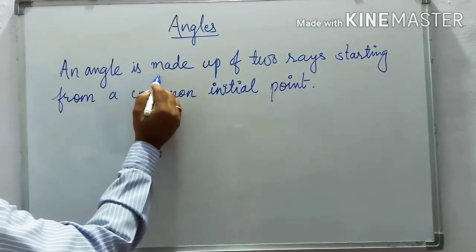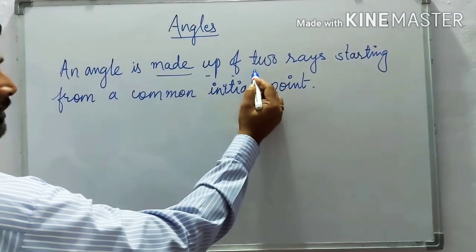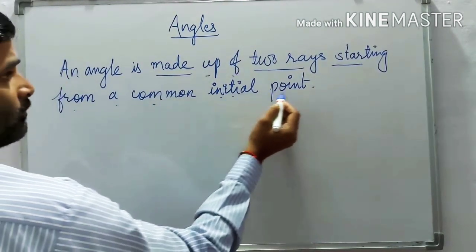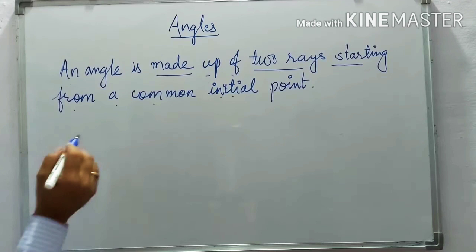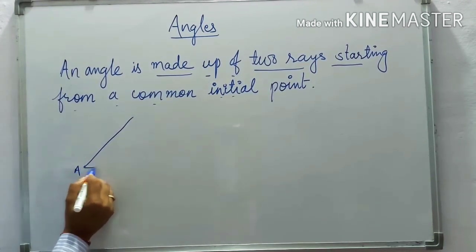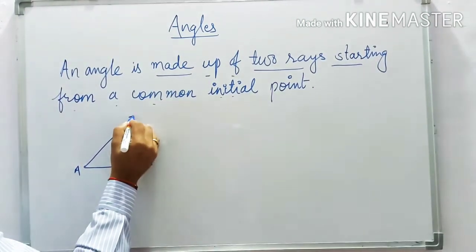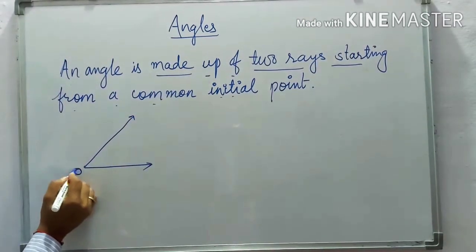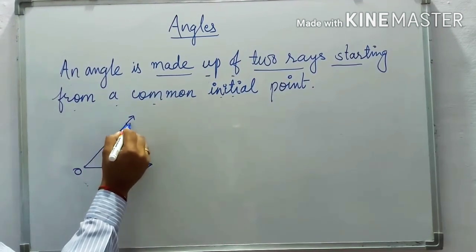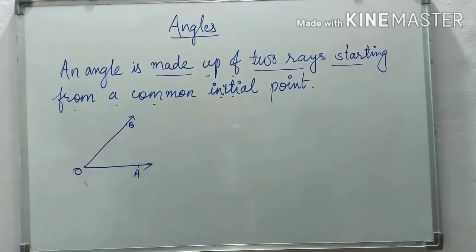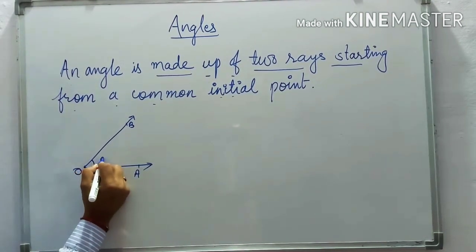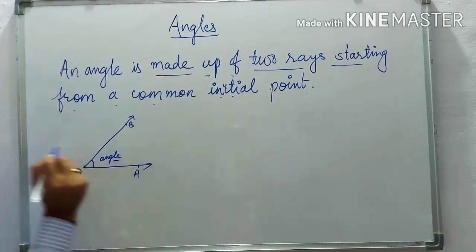An angle is made up of two rays starting from a common point. Suppose there are two rays from the common point O, OA and OB. The two rays start at the point O. This is the angle.